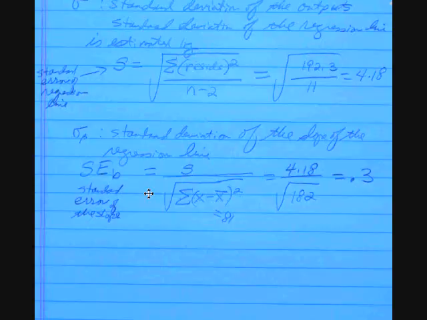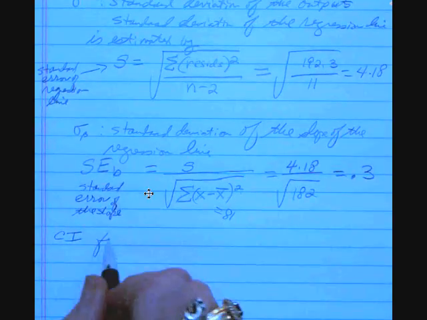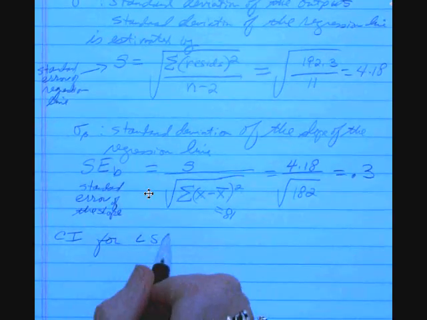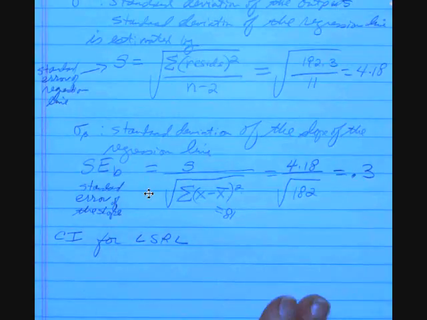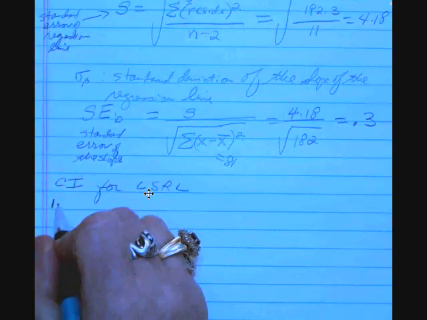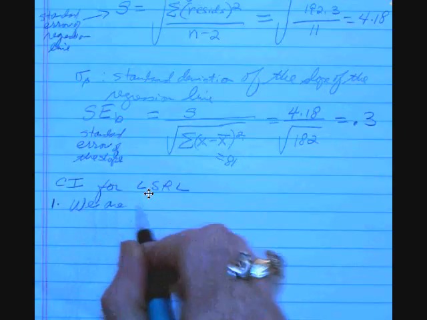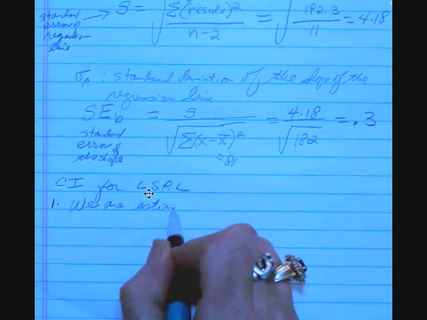Here we go. We're going to do a confidence interval now. Least squares regression line. All right. Number one, talk about my parameter and my population. So I'm going to say we are estimating a parameter. This time it's going to be slope.